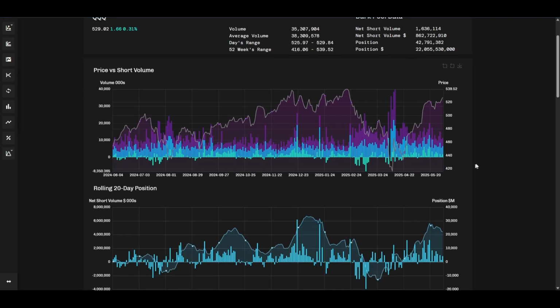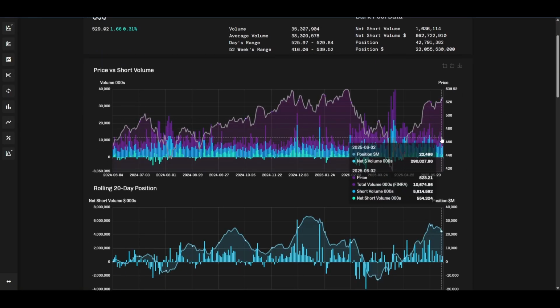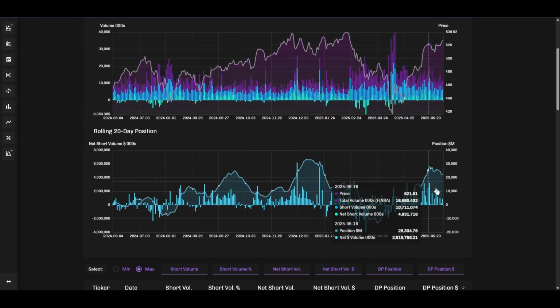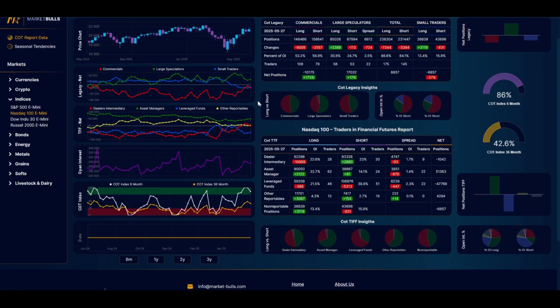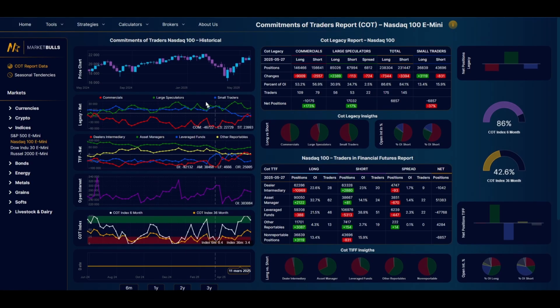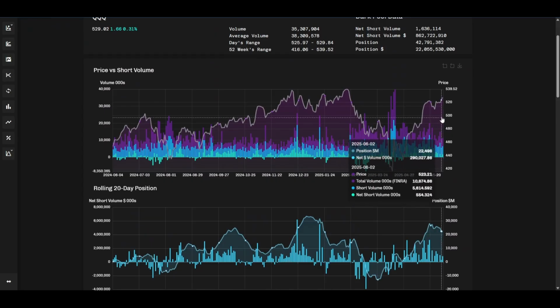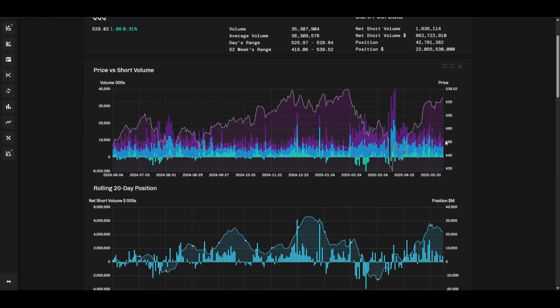You want to see this right here having a spike, like we've talked about, and want to see this decrease as well as potentially this decrease as well, the COT for commercials. So you want to see commercials lower, you want to see this going lower, you want to see it spike here. We have not seen it spike yet, but potentially tomorrow, like this updates every single day.